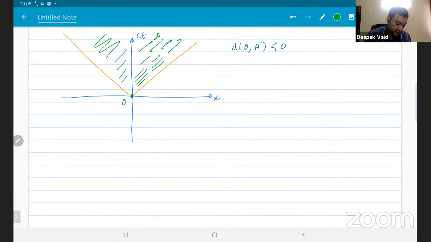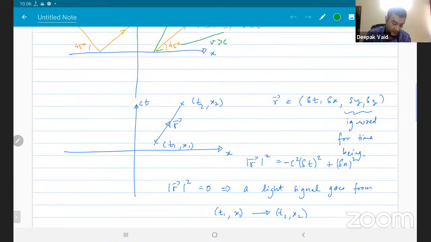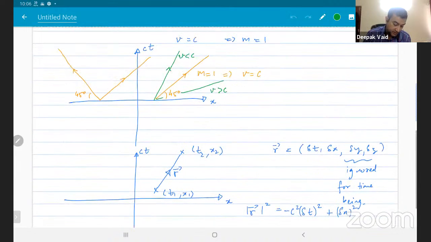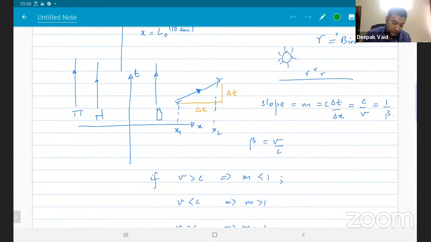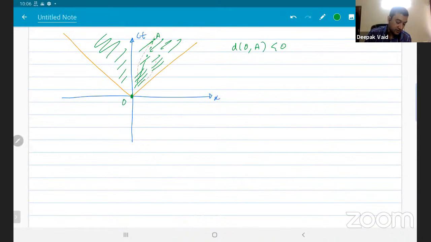The slope of the line connecting O and A will be greater than 1. So if the slope is greater than 1, that means the velocity associated with this straight line will be less than c.